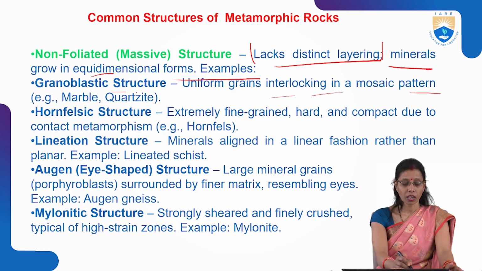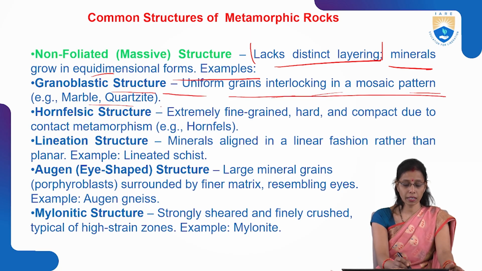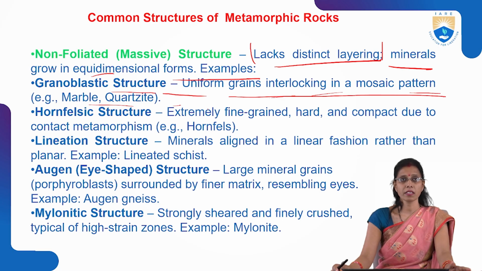Examples, granoblastic structure, uniform grains interlocking in a mosaic pattern like marble and quartzite. Marble has very fine layers. It is a very fine, compacted type of rock, and it's very useful in construction works. It is used as flooring as well as for making idols or sculptures.